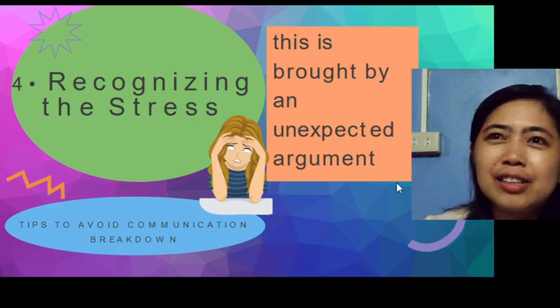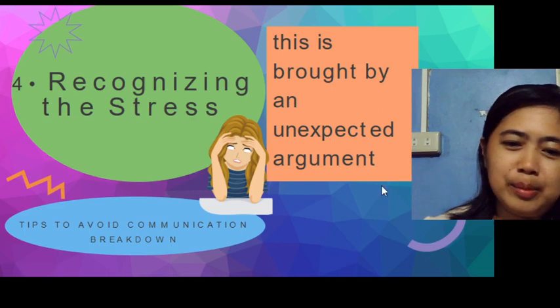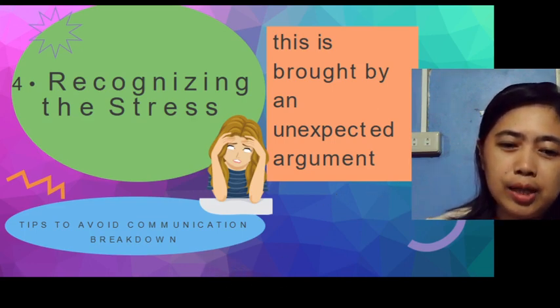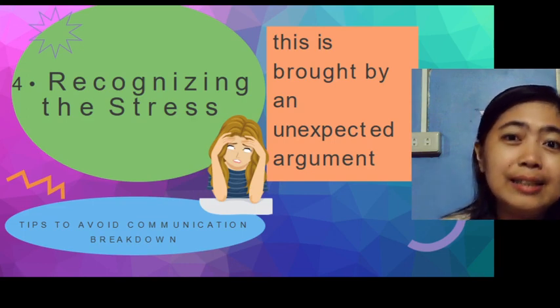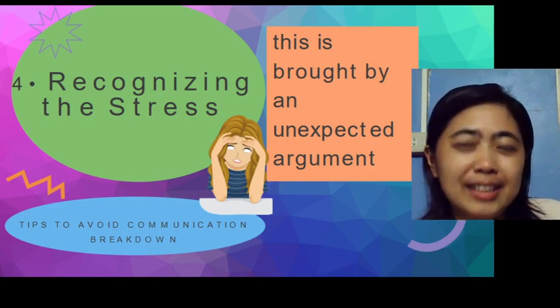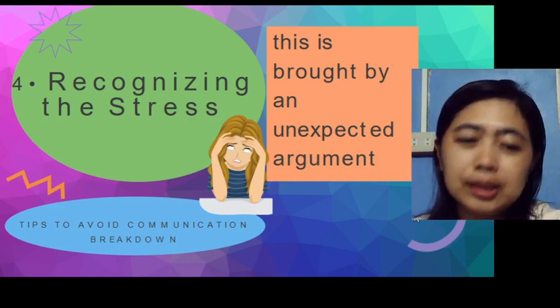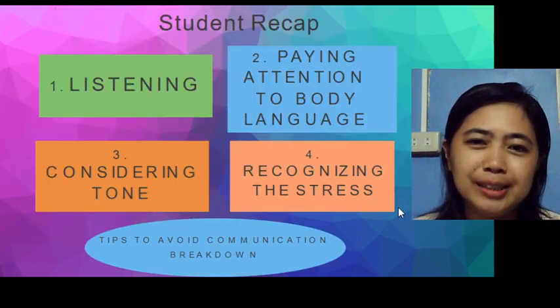Distance yourself and then try to breathe in and breathe out. You have to take a walk to avoid instances of a heated argument. I think that's all for the four tips of avoiding communication breakdown.